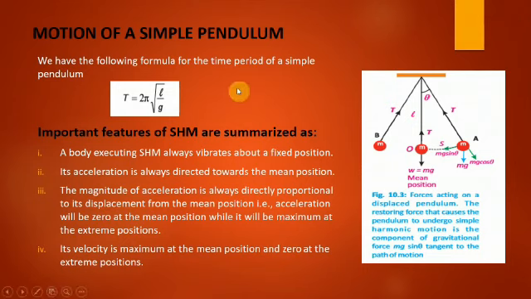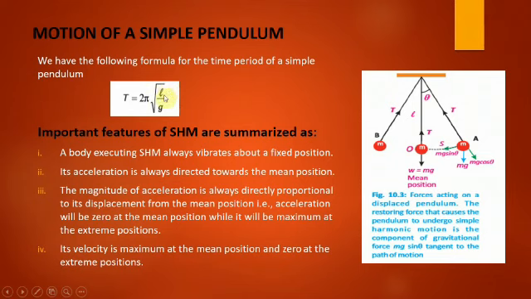Students, if we want to find the value of the time period of this simple pendulum, then we have a formula: time period, denoted by capital T, equals 2 pi square root of L upon g. In the previous topic, if you remember, when we found the time period of a mass attached to a spring, the formula was the same, but in place of L there was m.